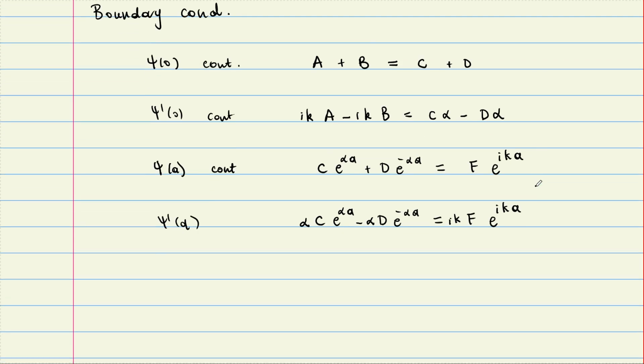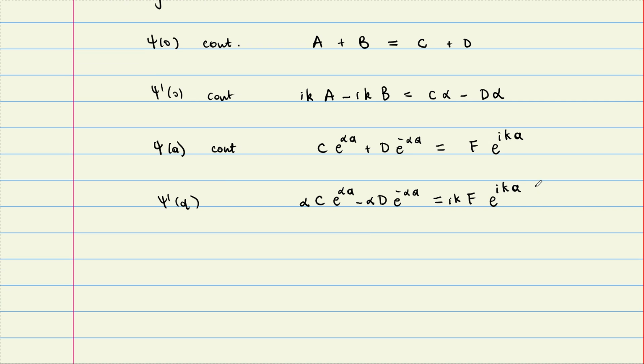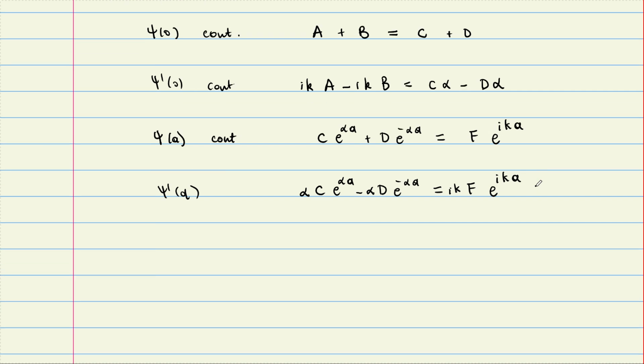So now there are these 4 equations that we need to solve. Let me rearrange. This one is going to be alpha C minus D, and I want to divide it by ik and erase this.